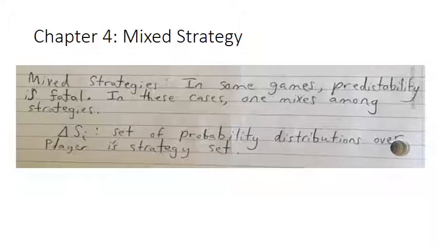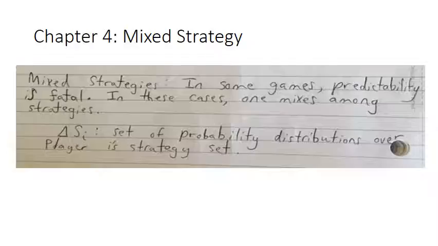And so we have to introduce a notation for mixed strategies in this game. And so we have this term Δ capital S sub i. This is the set of probability distributions over player i's strategy set. So these are all of the possible mixings that a player can do. You can think of a game between, in baseball, a pitcher and a batter.